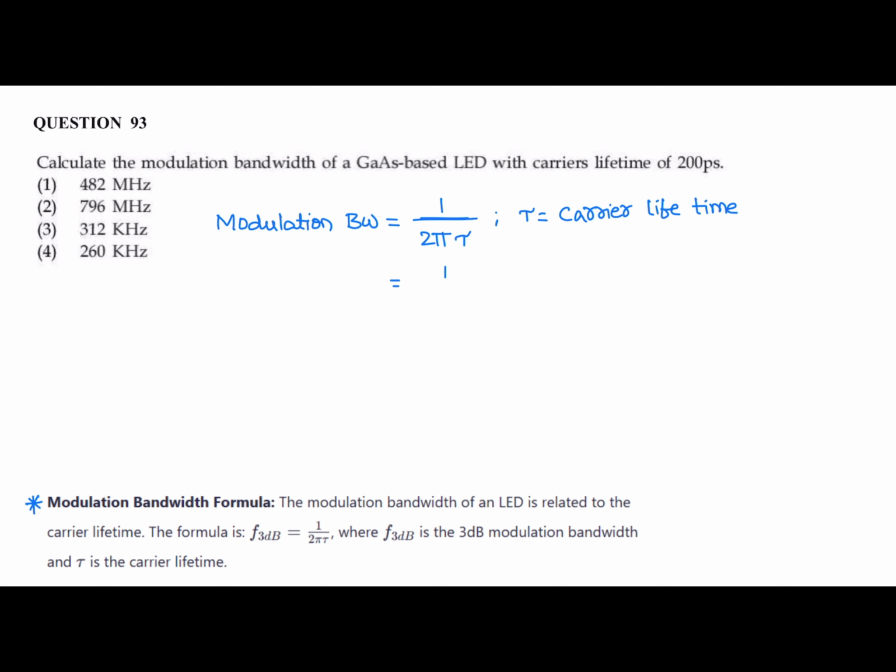Carrier lifetime is 200 picoseconds, that is 200 into 10 power minus 12. On calculation, its value is 796 into 10 power 6, that is 796 megahertz. Correct option is 2.